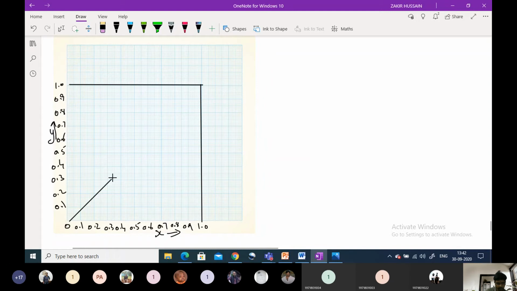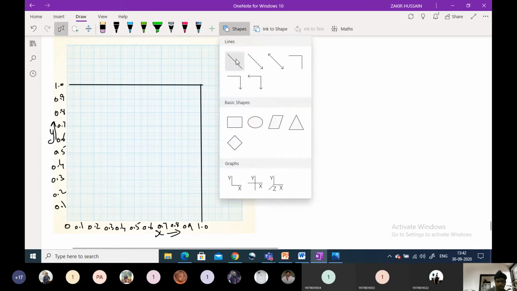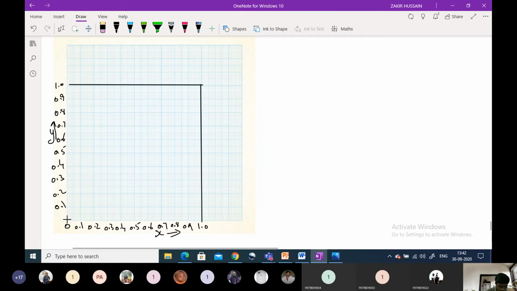Now on this, first we have to draw the x versus y data.